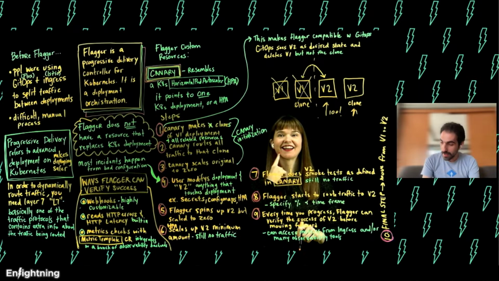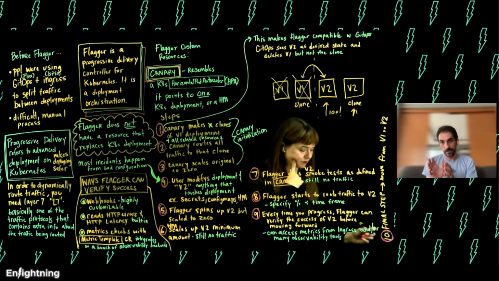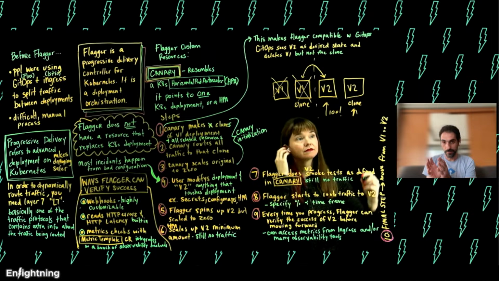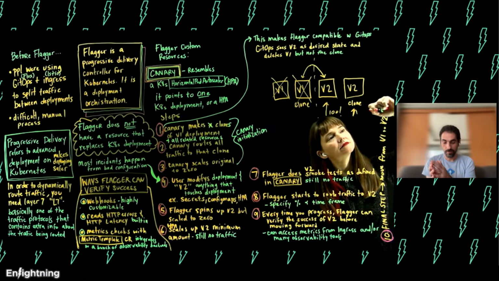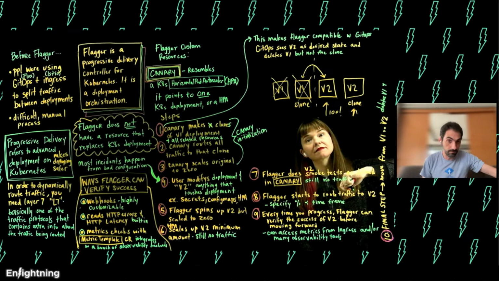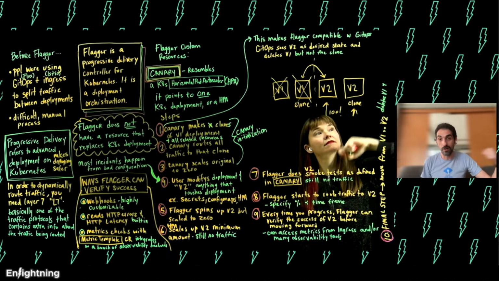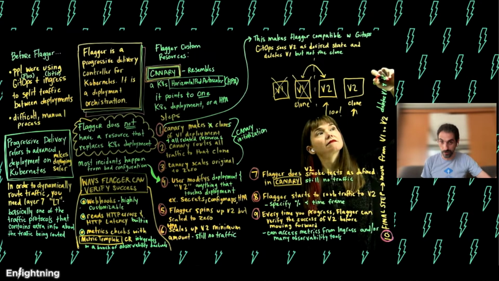So the final step is when all the traffic is on the canary version, what Flagger does, it tells Kubernetes now roll out V2 over the clone. And Kubernetes does its own usual Kubernetes deployment. It replaces the old clone with version 2.